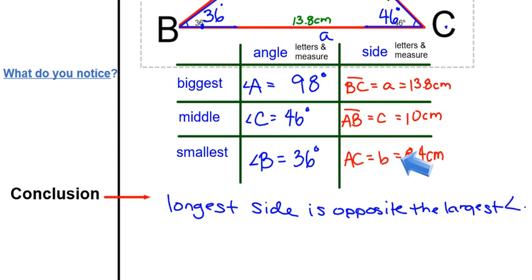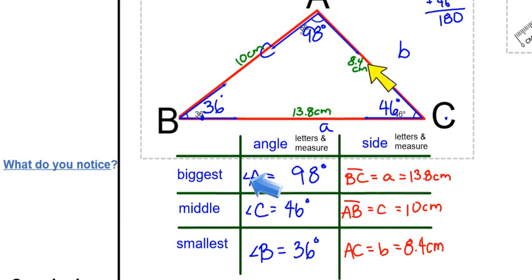Notice the longest side right here, side A, is opposite the largest angle. Go back to the picture one more time. The longest side is opposite the largest angle. They do not touch each other.